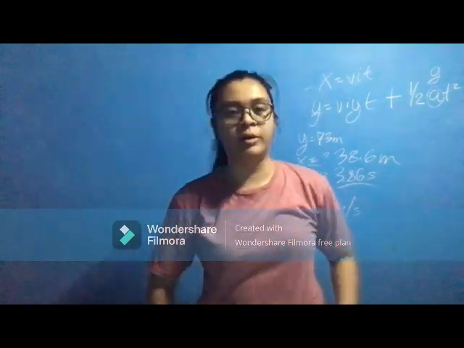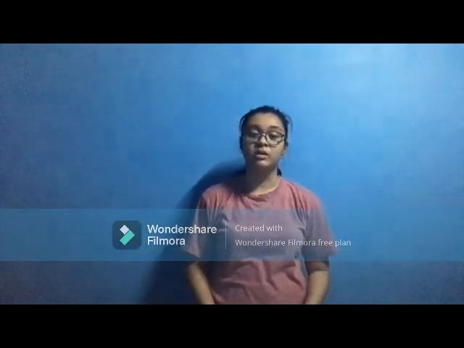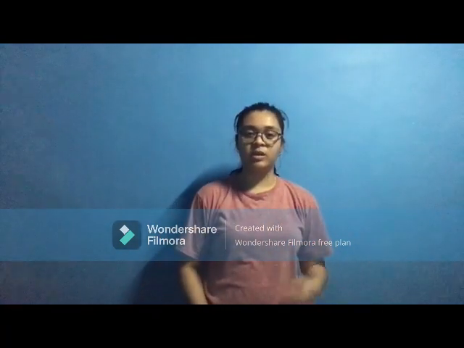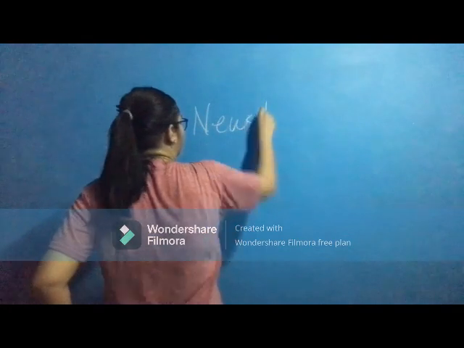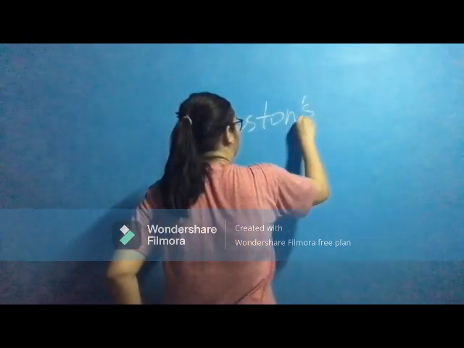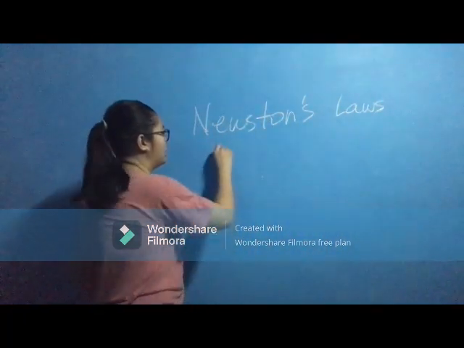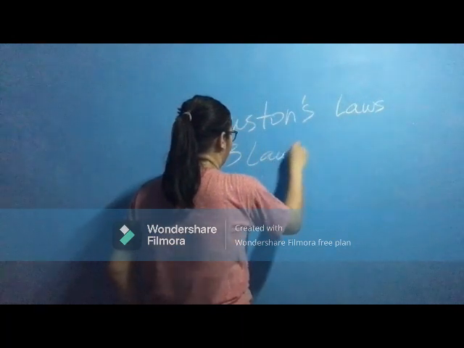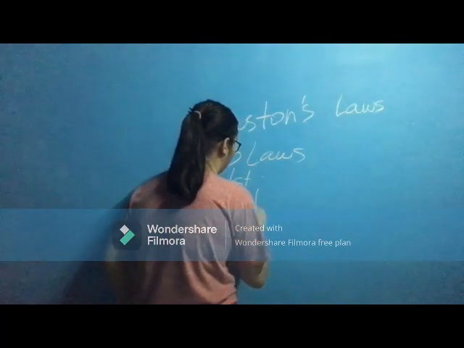Let's move on to Newton's laws. Just a reminder before we do, the equations that we used earlier are favorable if external factors like air resistance are neglected. So now let's move on to Newton's laws. Newton has 3 laws, namely the first, the second, and, obviously, the third.